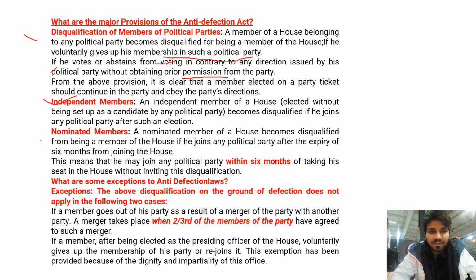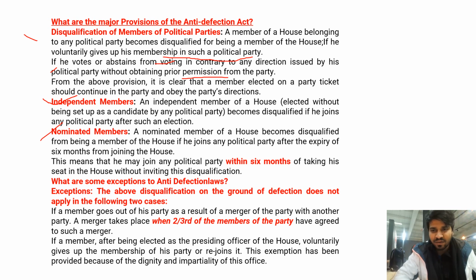So nominated members, like 12 members of Rajya Sabha and 2 Anglo-Indian members of Lok Sabha. Now I don't think the Anglo-Indian members exist, because their numbers were low and this provision has been eliminated from the constitutional provisions.